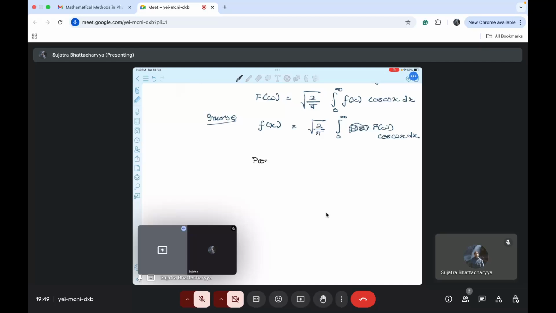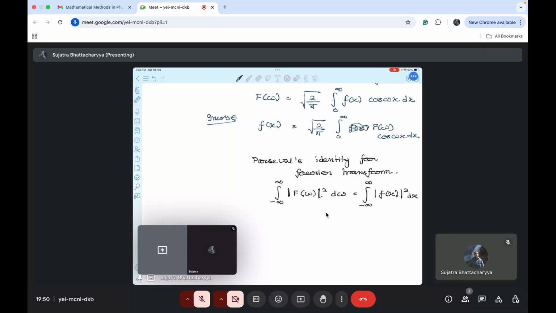Parseval's identity for the Fourier transform is simple: the integral from minus infinity to infinity of the modulus of f of omega squared d omega, in the Fourier domain, because it can be complex also, right, is equal to the integral from minus infinity to infinity of the square of the original function f(x) in the original domain, dx.